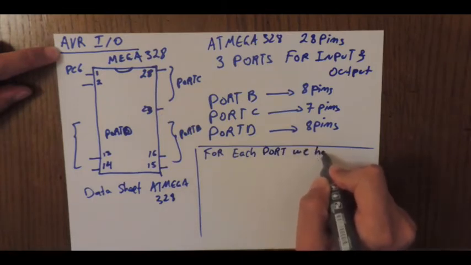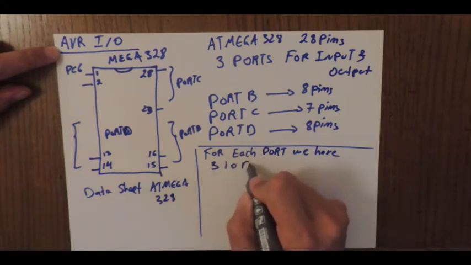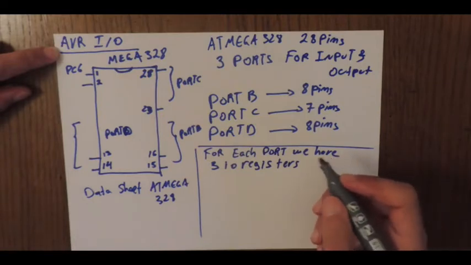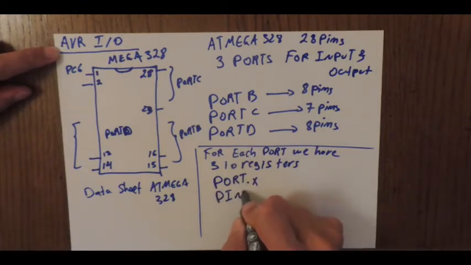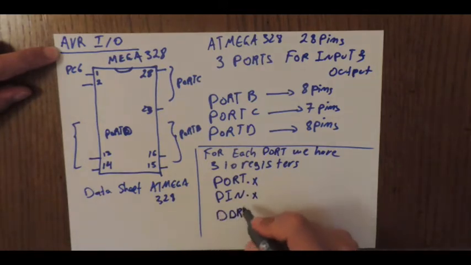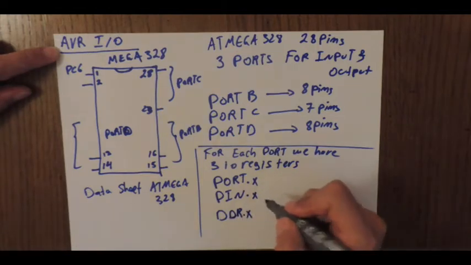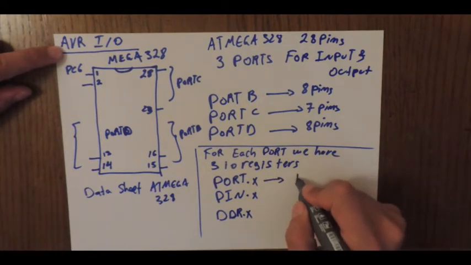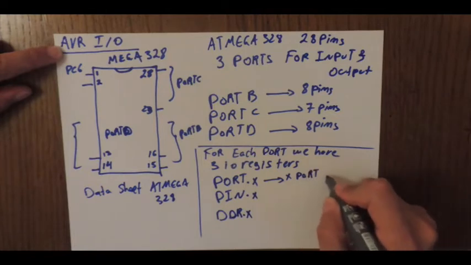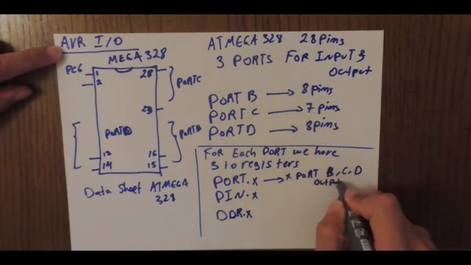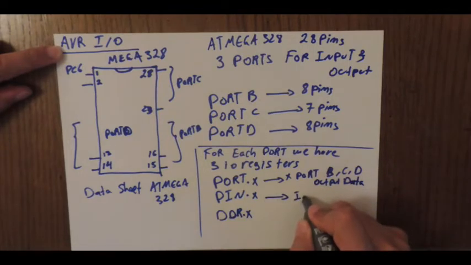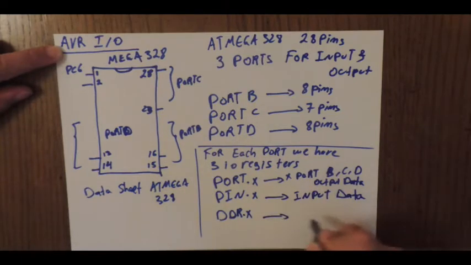These I/O registers are PORTx, PINx, and DDRx, where x will be port A, B, C, or D. PORT is used for output data, PIN is used for input data, and DDRx is used for actually choosing if we want input or output.